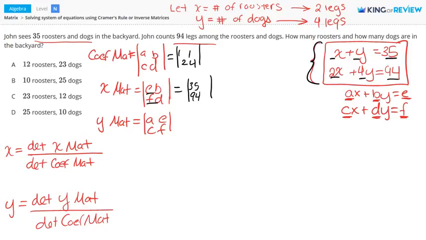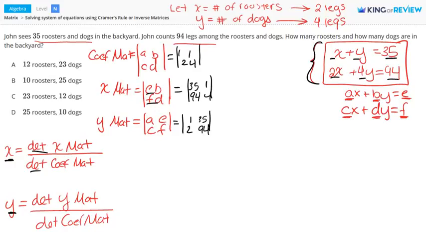And then we have B and D, 1 and 4. And then the y matrix, A, C, so 1, 2, and E and F, 35 and 94.